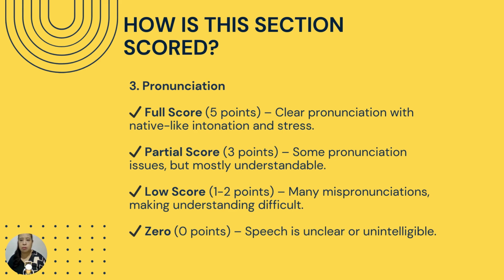However, if you had some pronunciation issues during the test, but mostly your words and sentences are understandable, you will receive a partial score of 3. You don't want to get a low score or worse, a 0, so you must really practice, right?